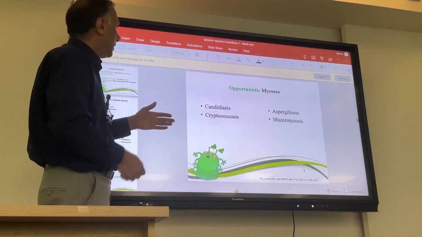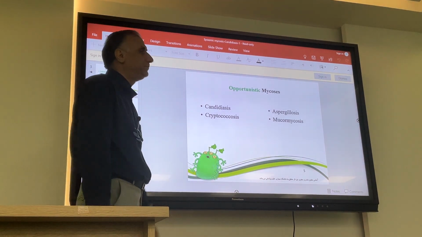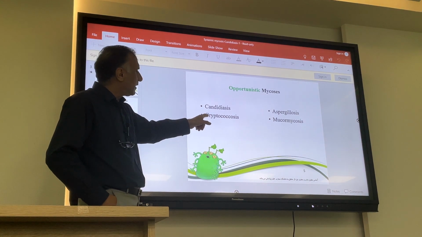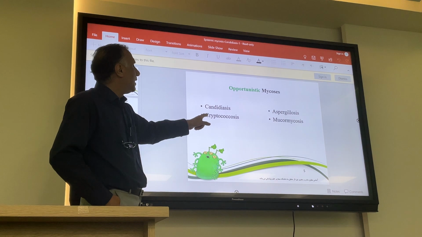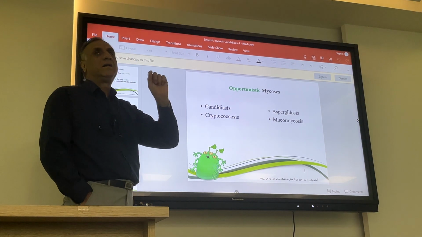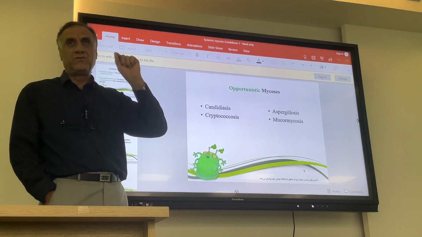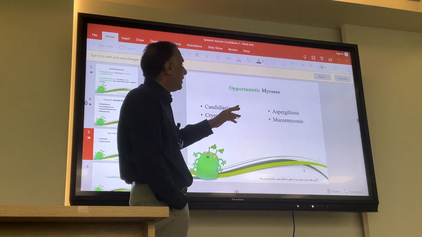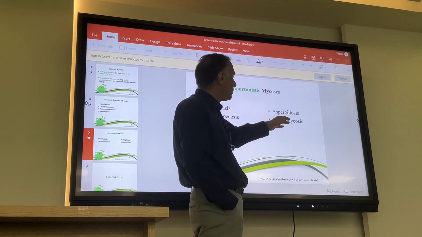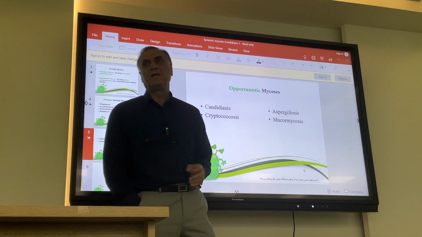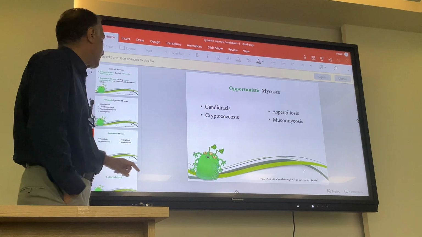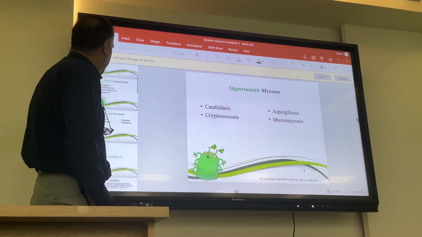We must know these infections. Candidiasis and cryptococcosis have yeast fungi as etiologic agent, but aspergillosis and mucormycosis have mycelial fungi as etiologic agent.